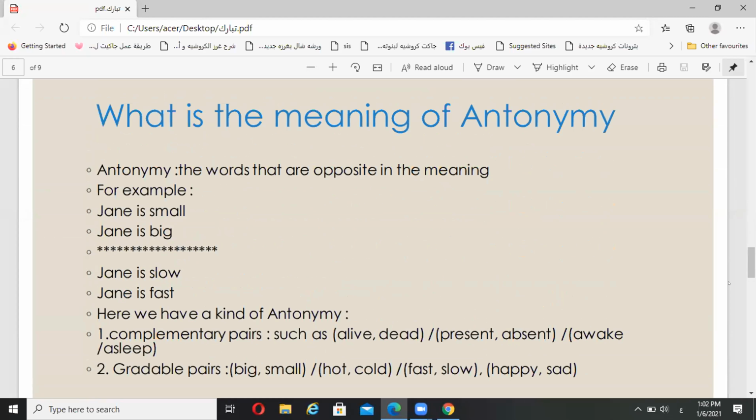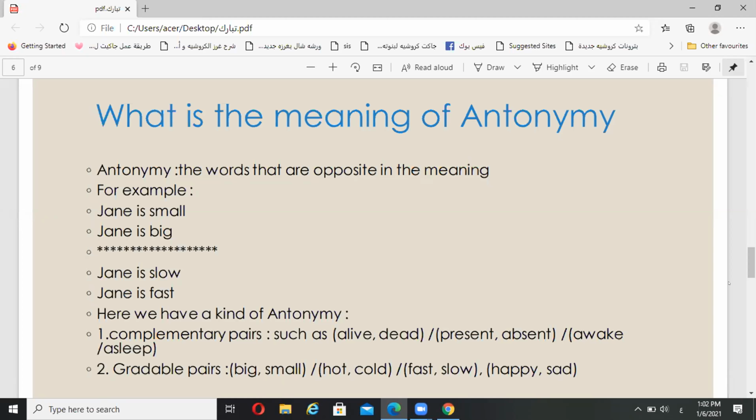Yes, that's why they are synonyms. They have similar meanings. Maybe one is used more in the US, one is used more in Britain. Yes, this is a good point, Qais. Thank you. Synonyms are words that are similar in meaning.